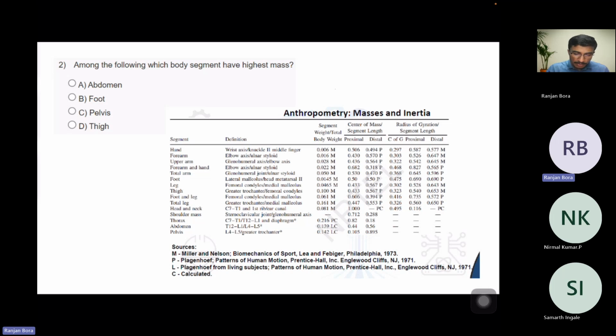This column represents the segment weight divided by total body weight. For the abdomen it is 0.139, for the pelvis it is 0.142, for the foot it is 0.015, and for the thigh it is 0.1. So the highest is for the pelvis. So option C is correct.